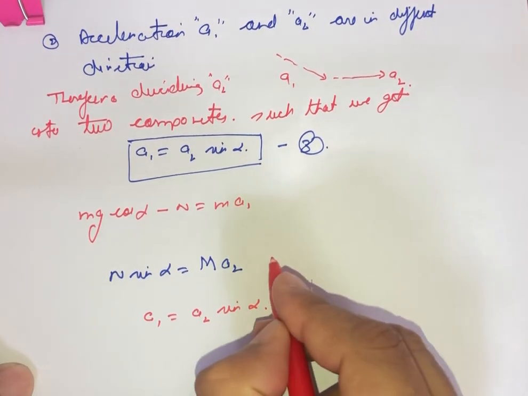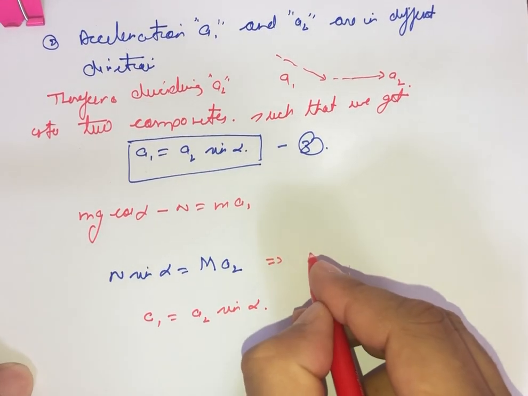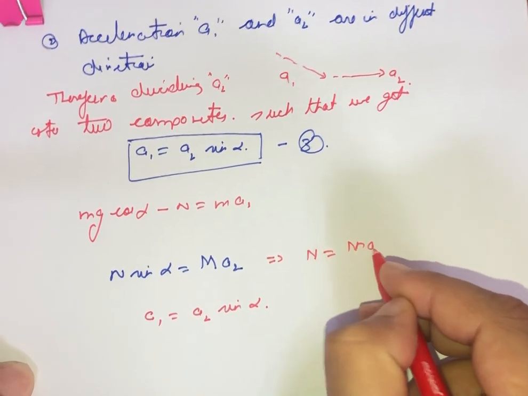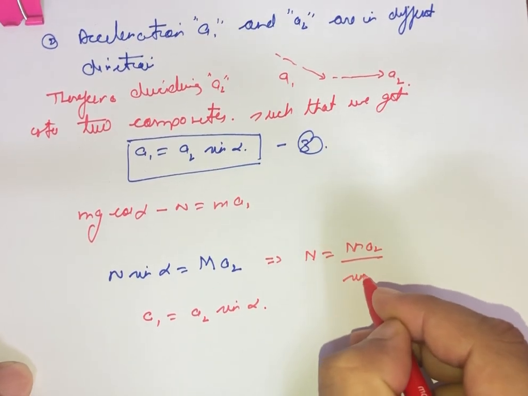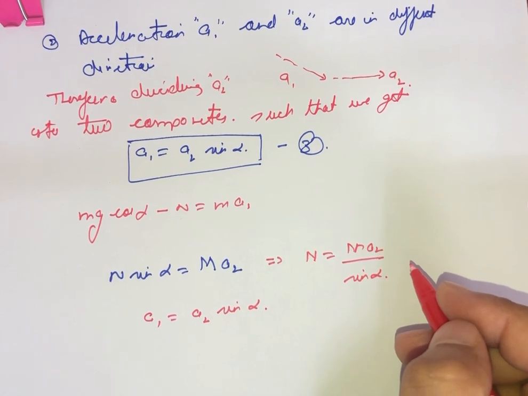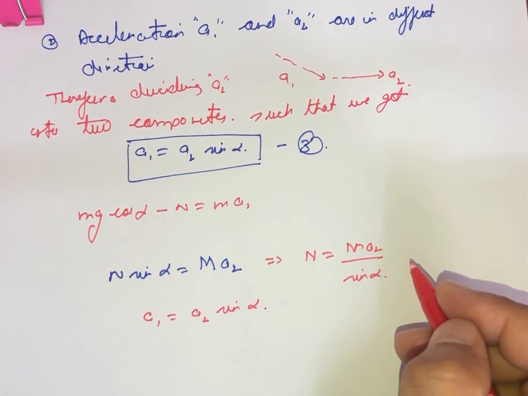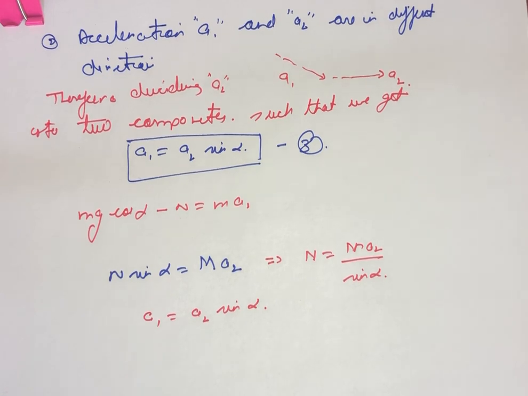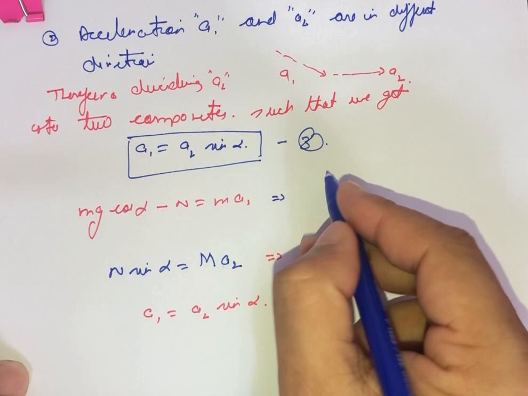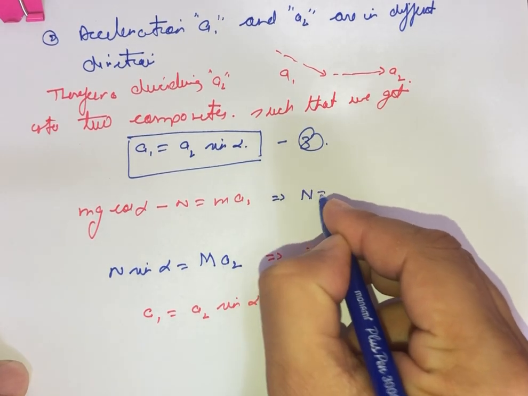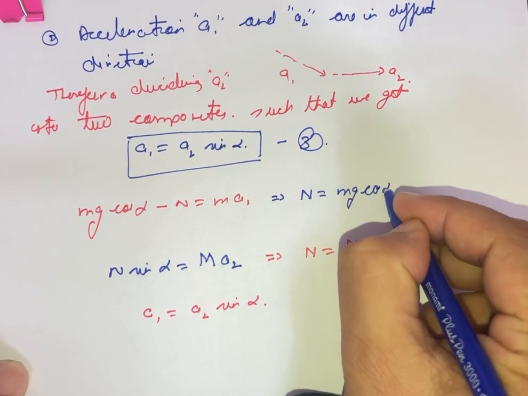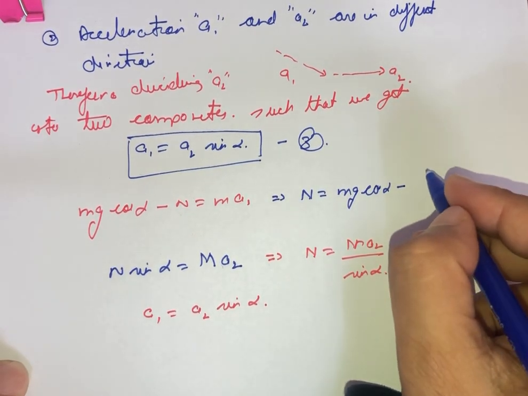So first of all, from the second equation, we find out our normal. So normal will be coming as M A2 divided by sin alpha.